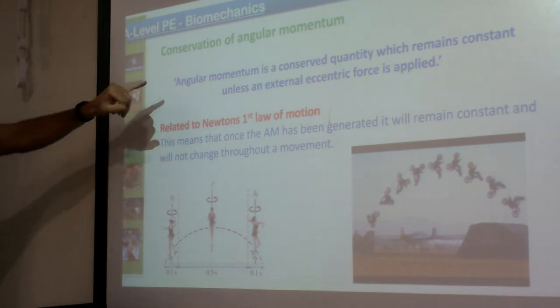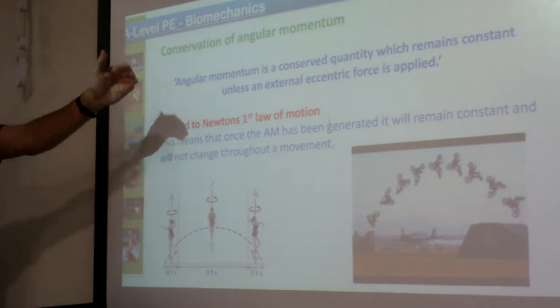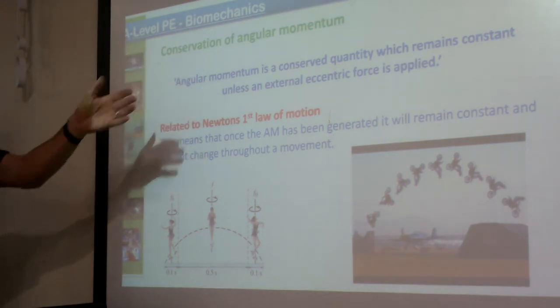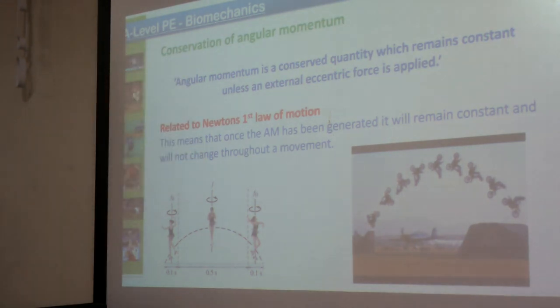Okay, so the momentum is a conserved quantity which remains constant unless an external eccentric force is applied. So what law does that apply to? The first law of motion, inertia.